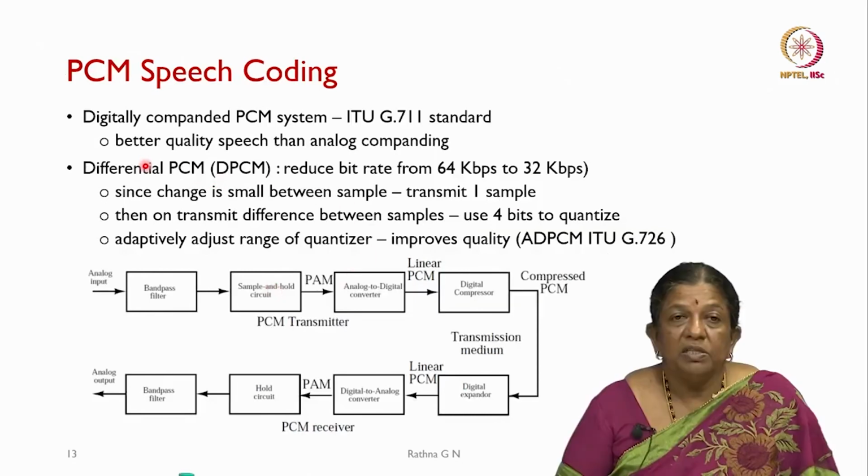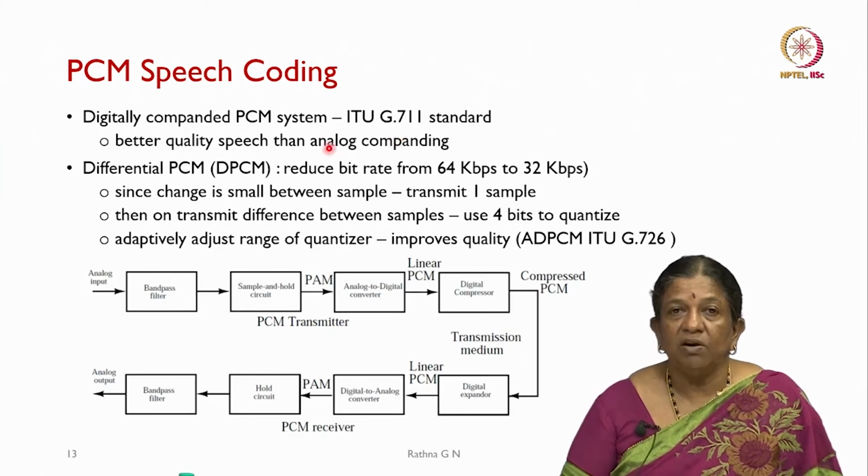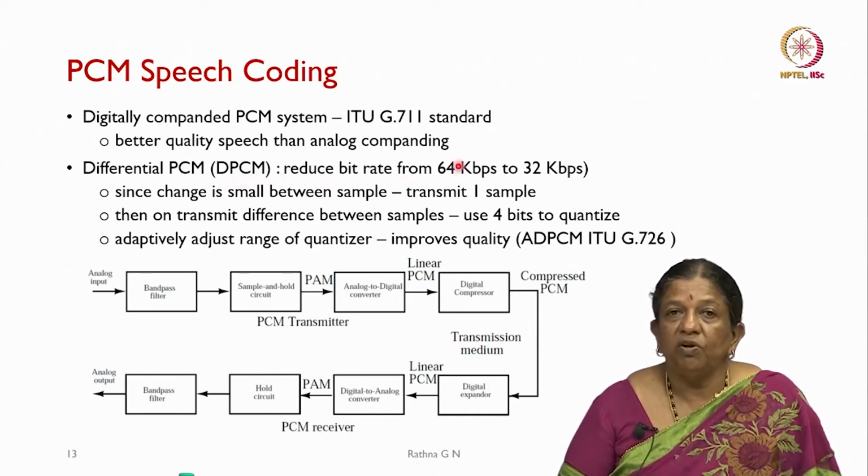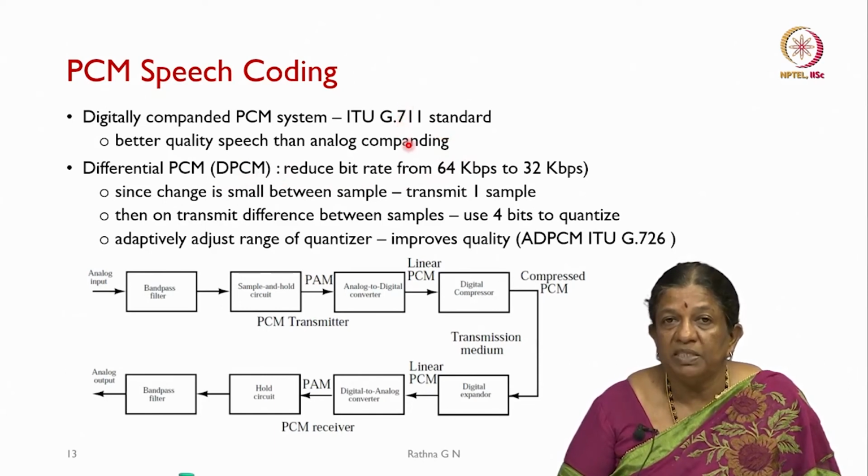Now coming to pulse code modulation speech coding, this is a digitally companded PCM system. The standard for this in ITU is the G.711 standard. It gives better quality speech than analog companding as in the previous case. You can modify this PCM coding to differential PCM, known as DPCM, to reduce the bit rate from 64 kilobits per second in PCM to 32 kilobits per second.